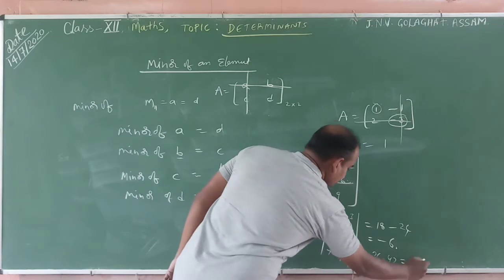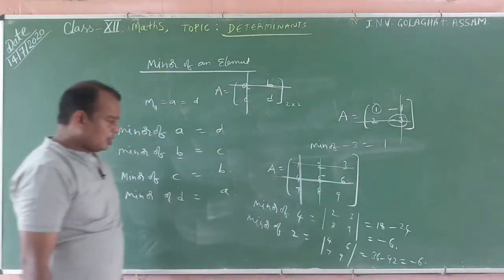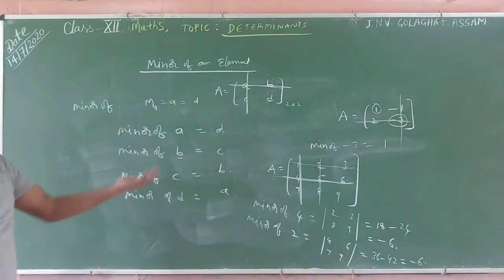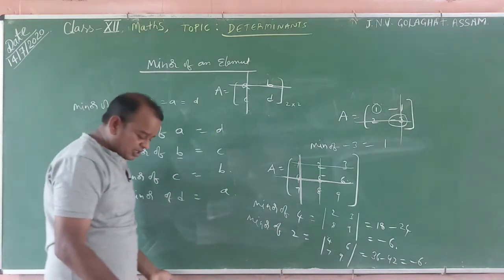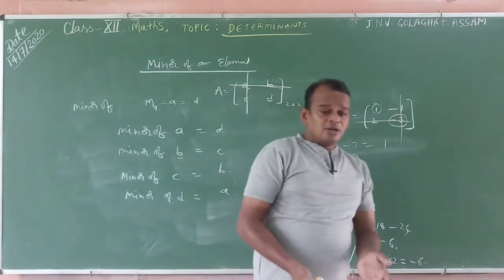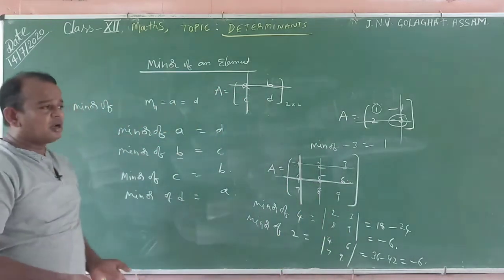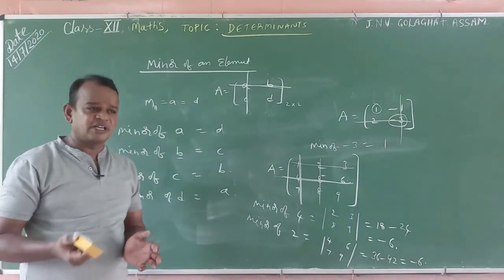That is equal to minus 6. That is the minor of an element in a square matrix of order 2 by 2 or 3 by 3. The meaning of the minor is compulsorily deleting the row and column at which the element is present.